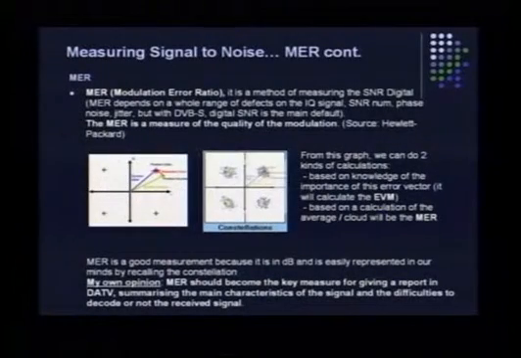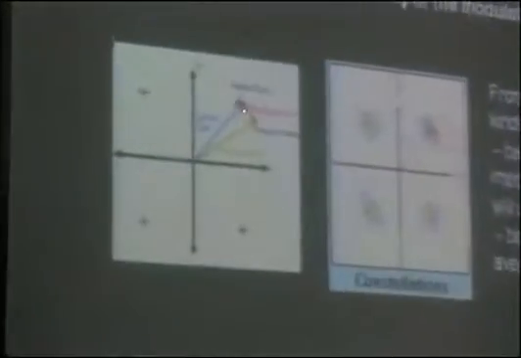So, how is MER found? You have the target position of your point, the theoretical best value where the point, the IQ coordinate, must be here.